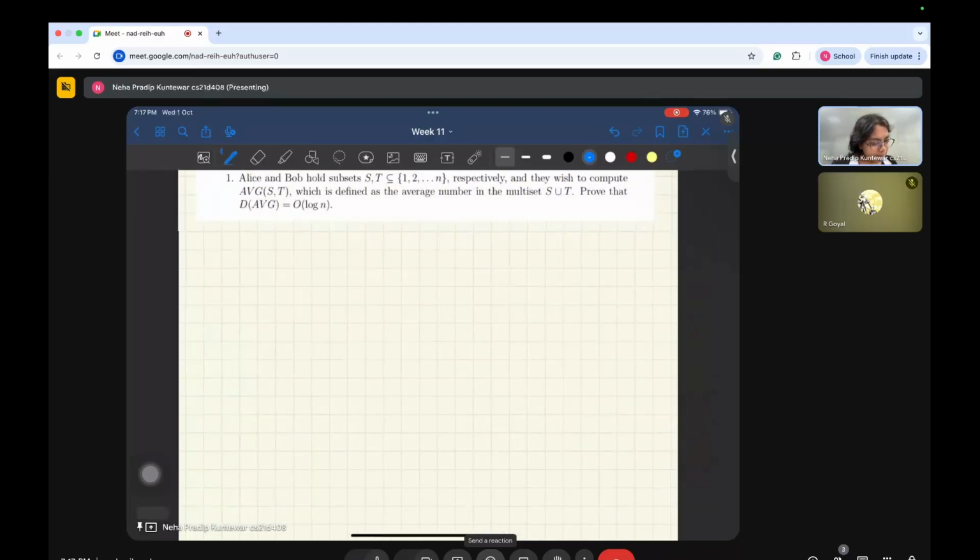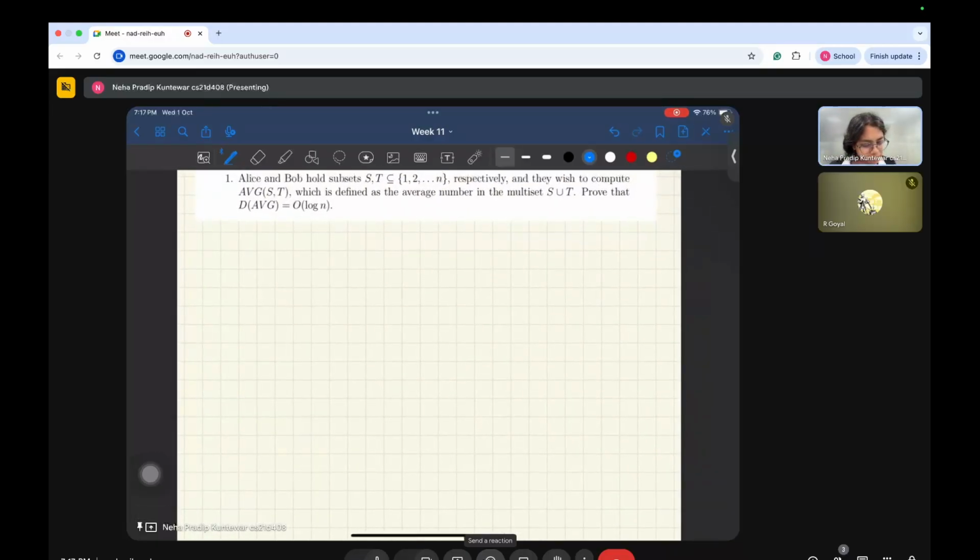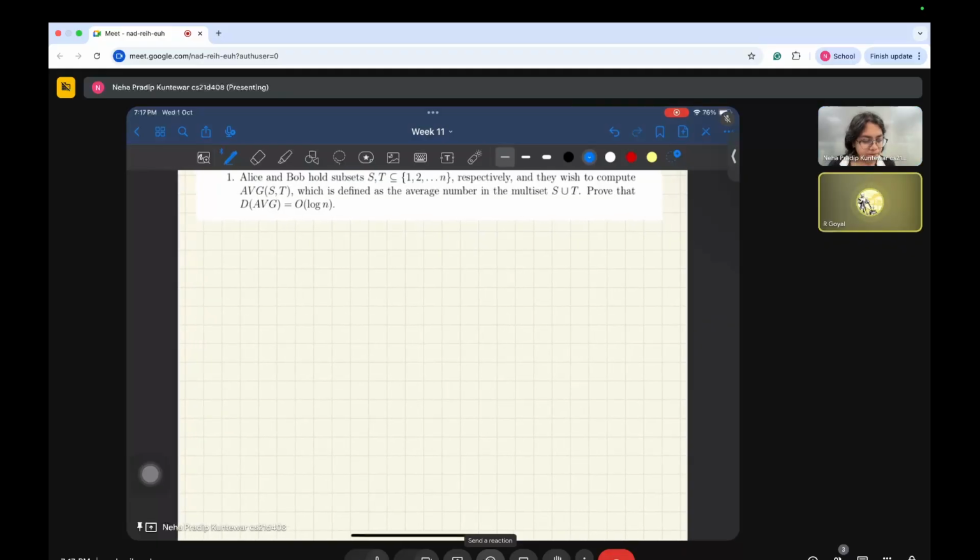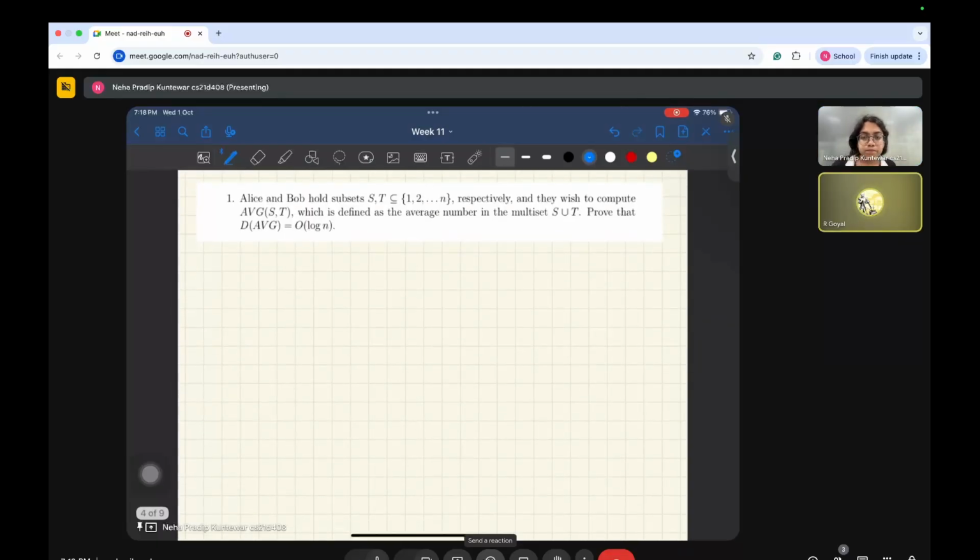So Alice and Bob hold subsets S and T respectively, and they wish to compute AVG. AVG stands for average, so basically take the union of the two sets. So for example, Alice has 1 2 4 and Bob has 2 5 7.